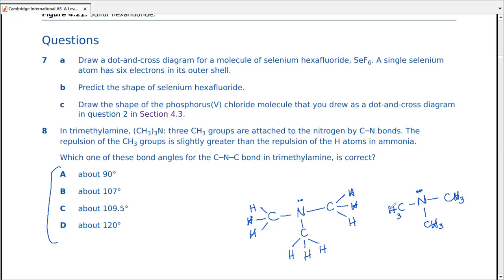So before I ask you the answer to this question, can any one of you tell me the actual bond angle in ammonia? Okay, let's give you separate tasks.